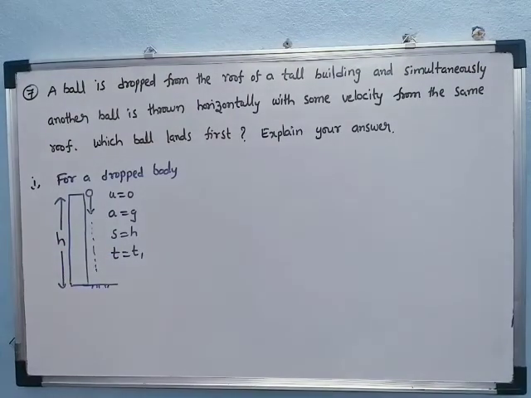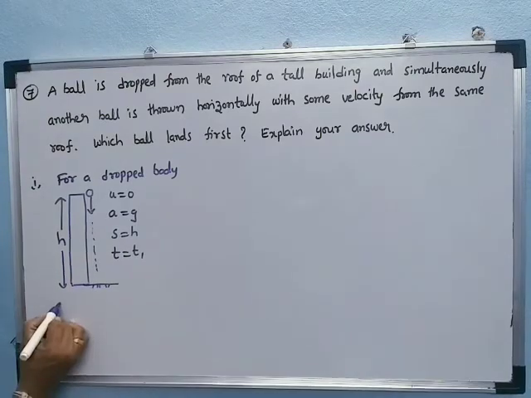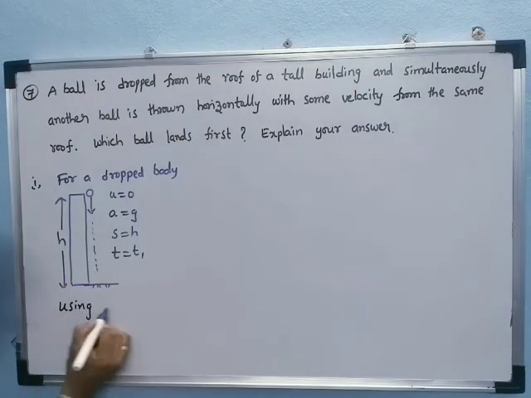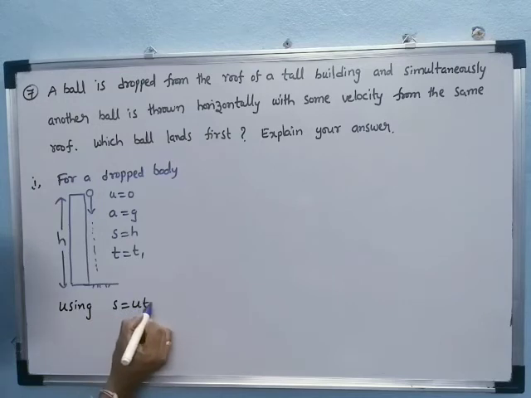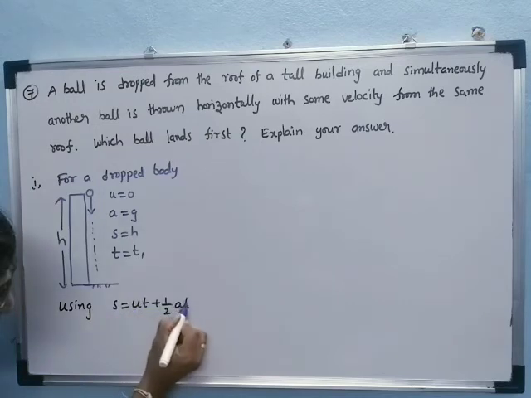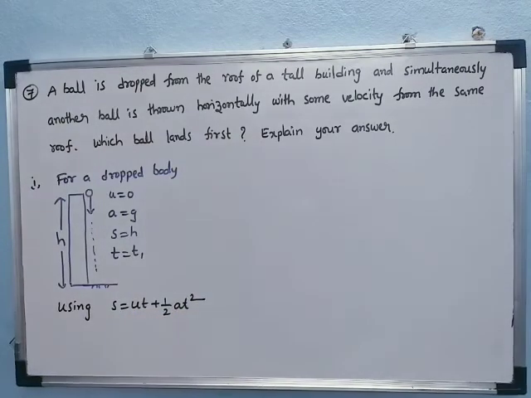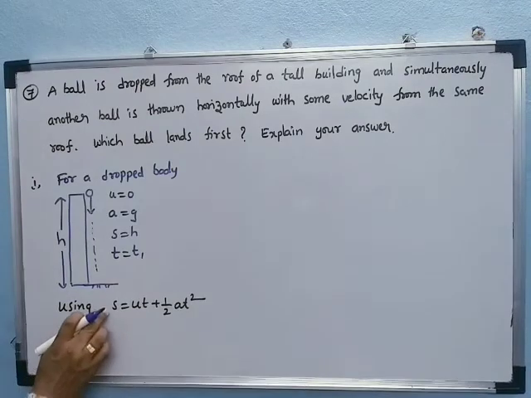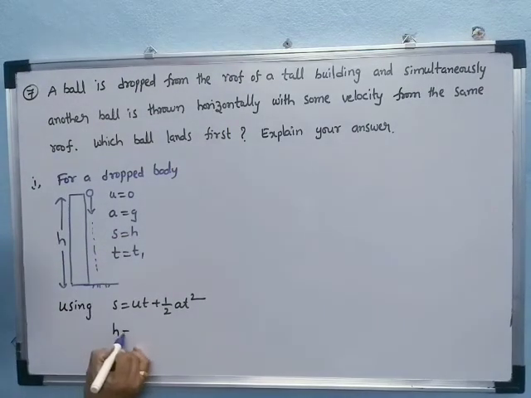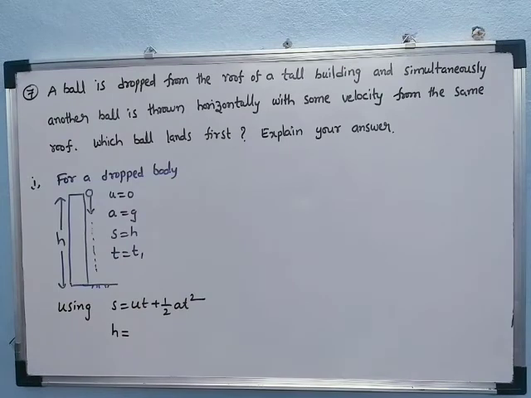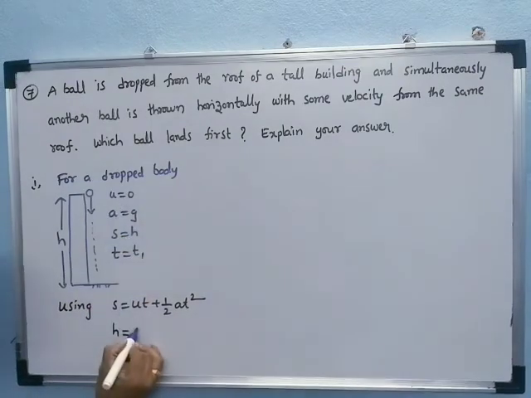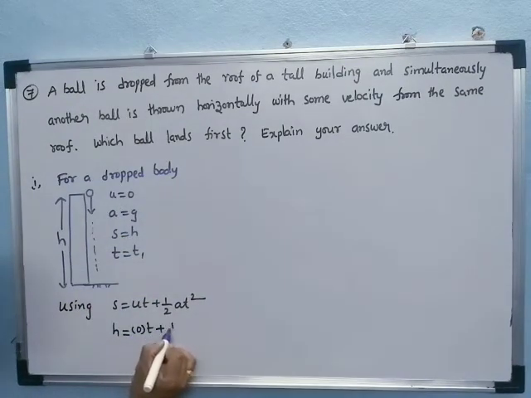Using which formula? Using s is equal to ut plus half at square. The displacement s is equal to h. Now the initial velocity is 0, so h equals 0 into t plus half g t1 square.